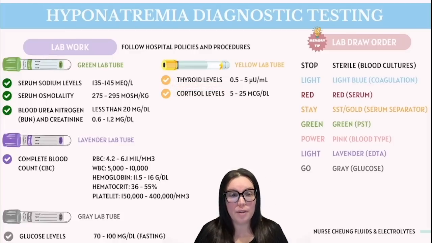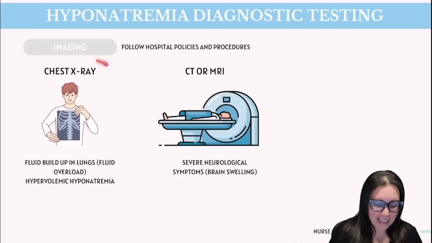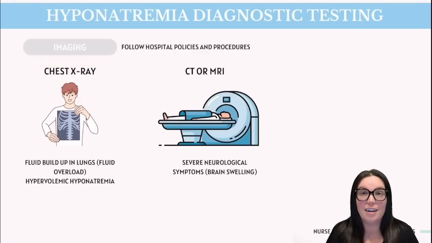Thyroid levels will help us rule out hypothyroidism with causes like euvolemic hyponatremia, and cortisol levels will help us identify adrenal insufficiency. Sometimes we're going to need some additional imaging to confirm what's going on. So in certain cases, you may see a chest x-ray ordered if we suspect that there's fluid buildup in the lungs, especially if there's fluid overload due to hypervolemic hyponatremia.